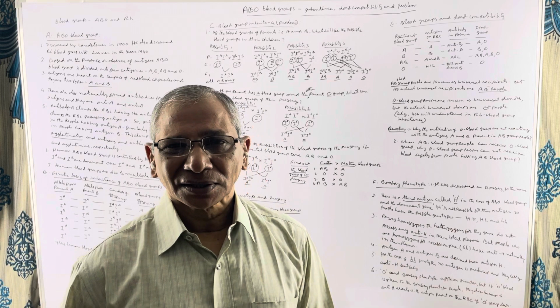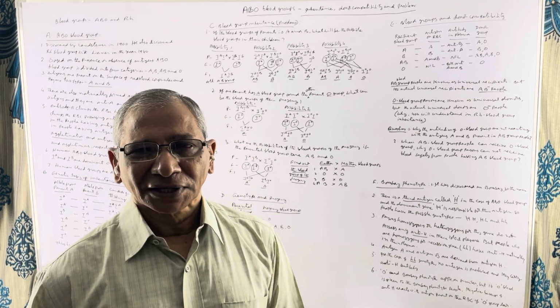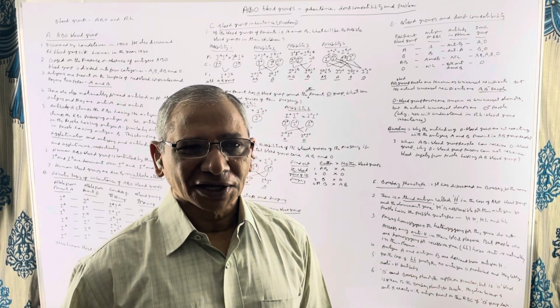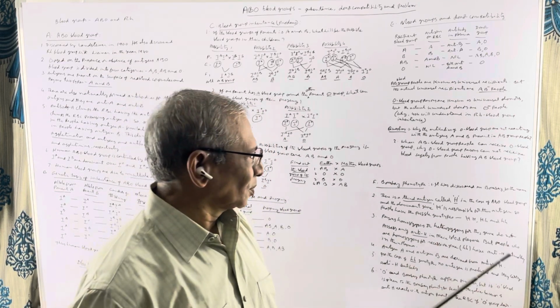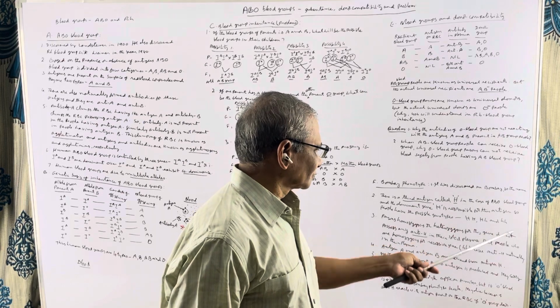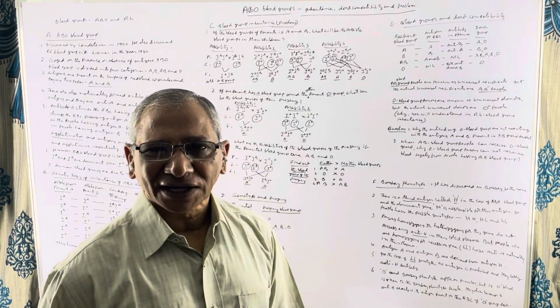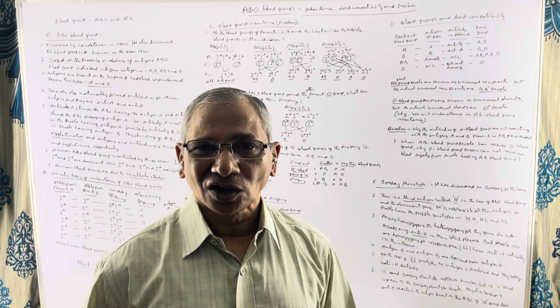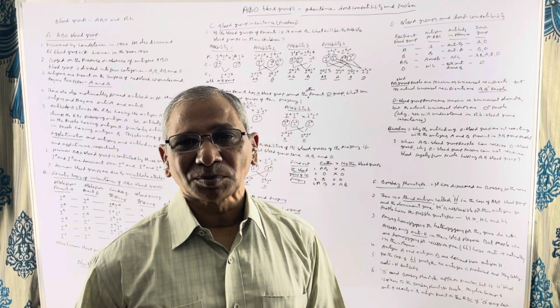in their blood. In the case of Bombay phenotype, what happens is, for the H gene, both the genes are recessive. So they cannot synthesize antigen H, but they have antibody H in their blood plasma.